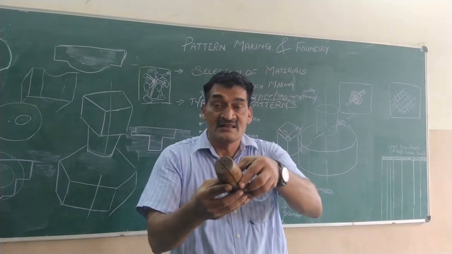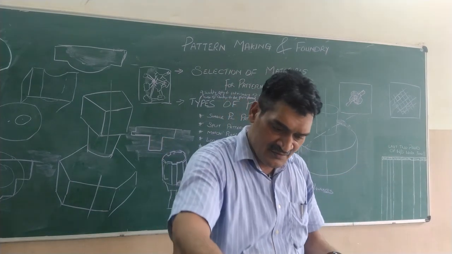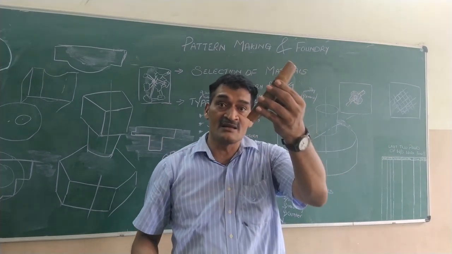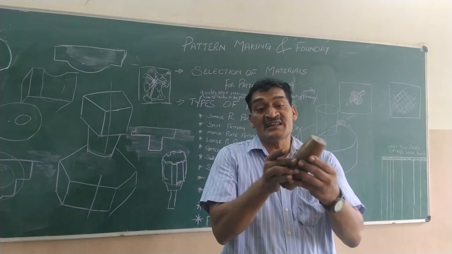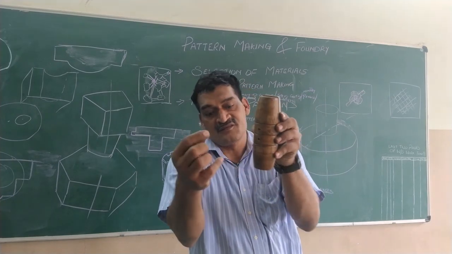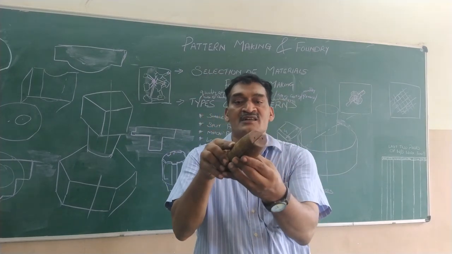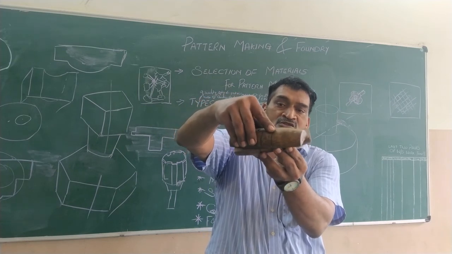So then, this is split into two. One part will be in the drag, the other part will be in the cope. Both are joined together by means of dowel pins. We put pins inside so that they are locked, so that as we ram, this should not move.